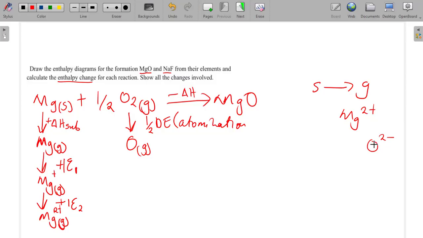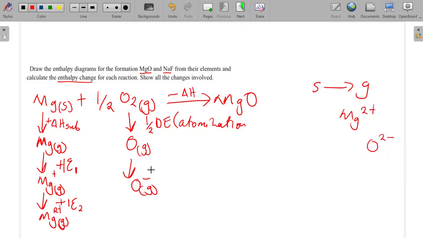But for the second electron, notice that you need to gain heat for you to add another electron to the nucleus. So the first electron affinity, you can notice that it's going to be negative, and then the second one is going to be positive. Now we need to add 1 electron to this oxygen so that it becomes O minus, still a gas.